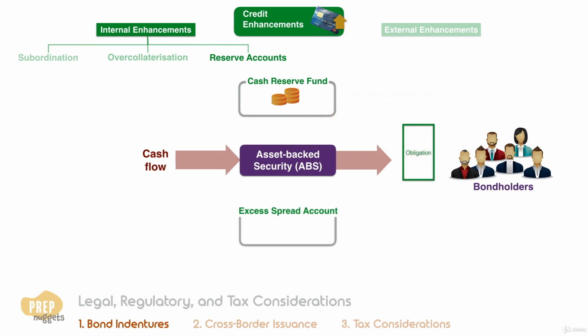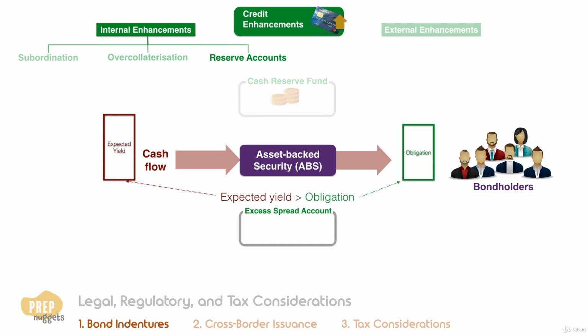With an excess spread account, the expected yield on the assets supporting the ABS is greater than the obligations on the bonds issued. This gives some protection if the yield on the assets is less than anticipated. If the assets perform as anticipated, the excess cash flow from the collateral is deposited into the excess spread account. This reserve cash can be used to retire some of the outstanding bonds in the future.